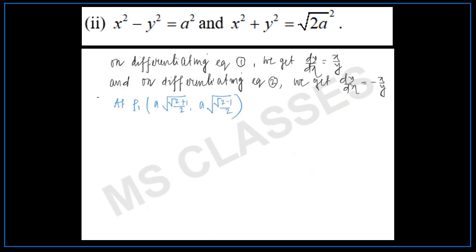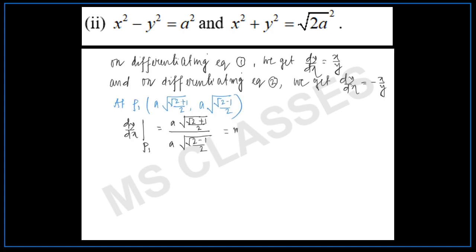So to find the slope at the point P1 for the hyperbola, that is dy by dx at P1 equal to, if we substitute here the value of x and value of y, a into root over root 2 plus 1 by 2 divided by a into root over root 2 minus 1 by 2.